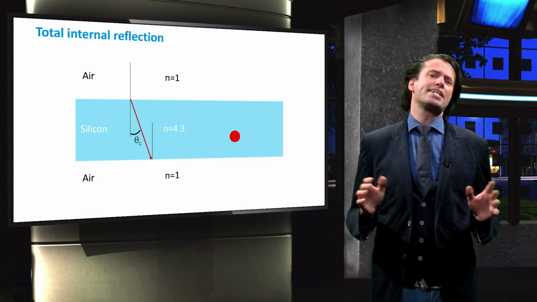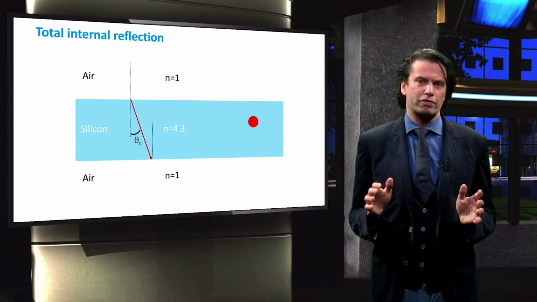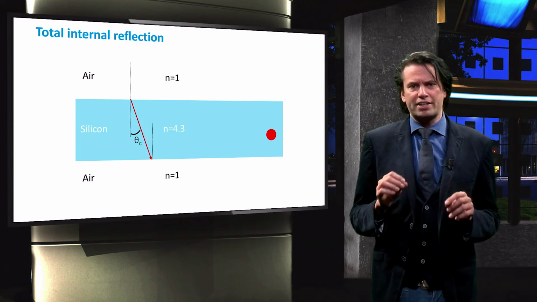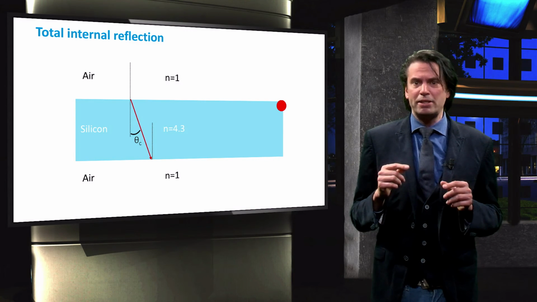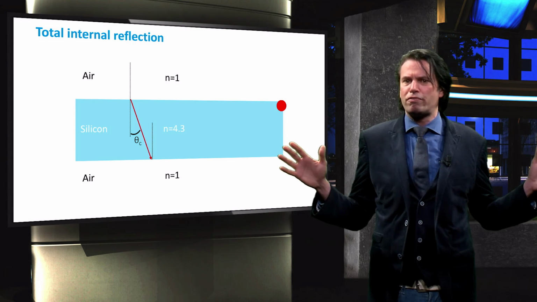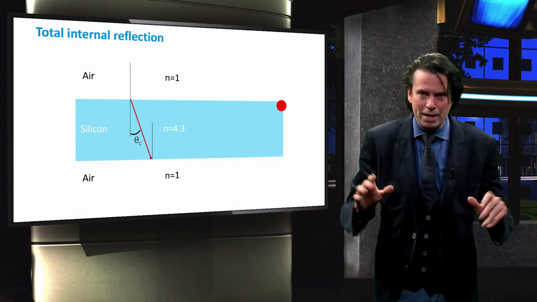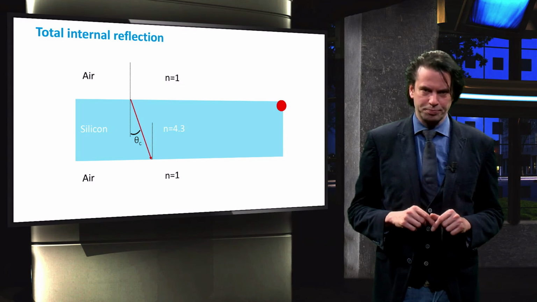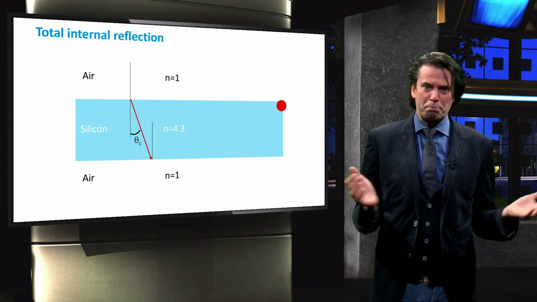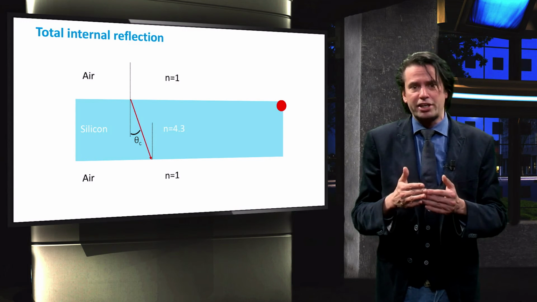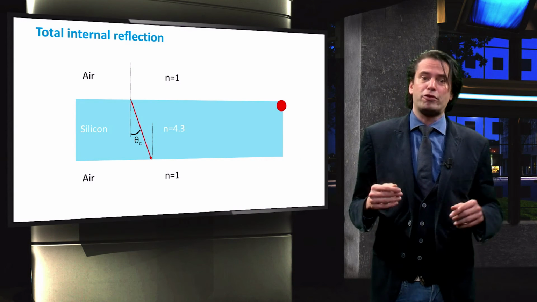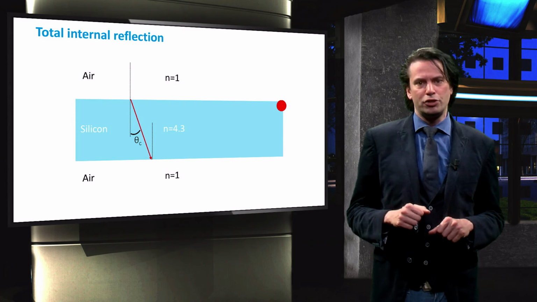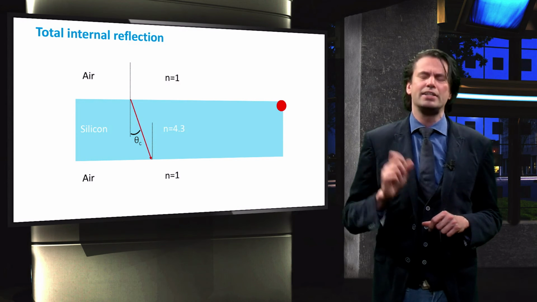Each time light encounters a silicon-air interface, all the energy is reflected and none of the energy is transmitted. The light beam exhibits total internal reflection and undergoes many passes through the silicon slab. Consequently, the path length of the light beam through the silicon is much larger. Total internal reflection can therefore be used to greatly enhance the absorption path length of light in the absorber layer.